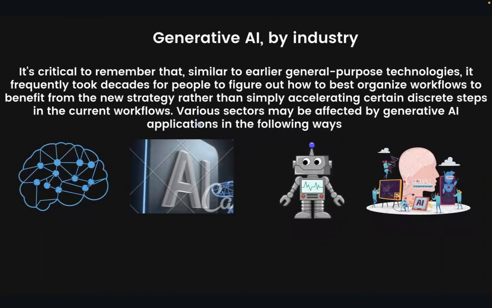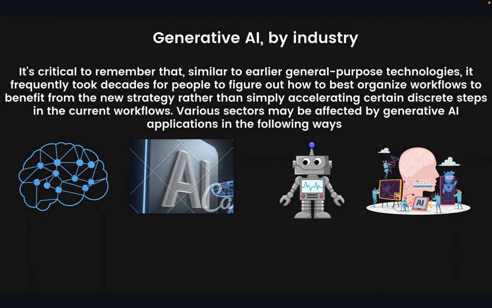It is critical to remember that, similar to earlier general purpose technologies, it frequently took decades for people to figure out how to best organize workflow to benefit from the new strategies, rather than simply accelerating certain discrete steps.